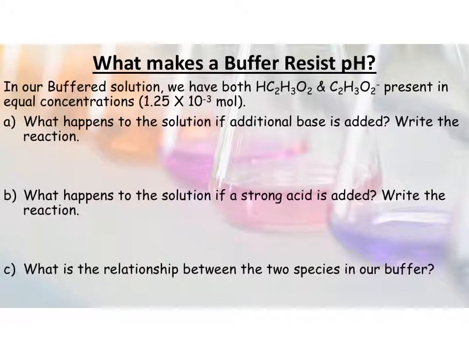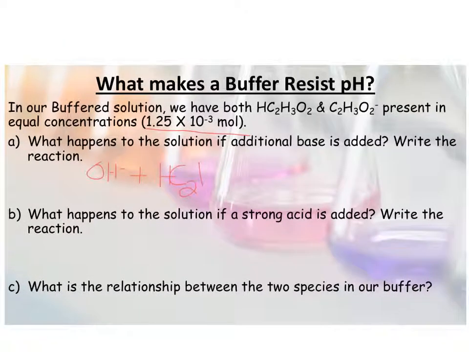All right, so if we think about that system where we have the 1.25 times 10 to the negative third moles, what would happen if we were to add additional base to that system? So if we were to throw some OH minus into that system, what's going to react with it? Well, hopefully you're sitting here thinking, well, the acid, right?